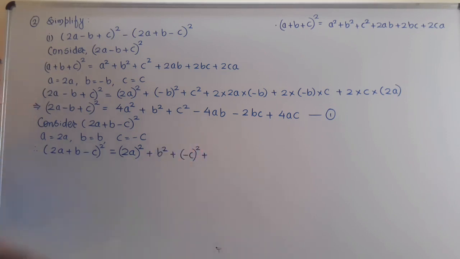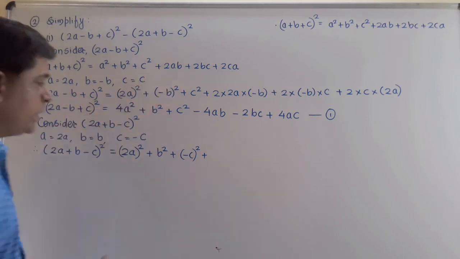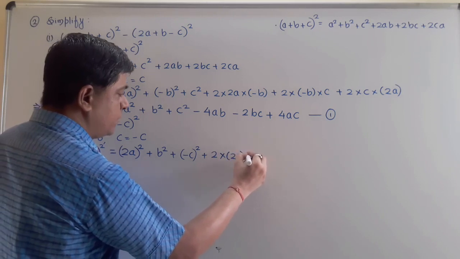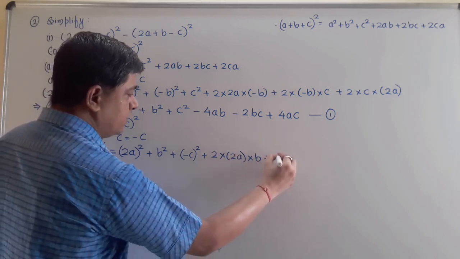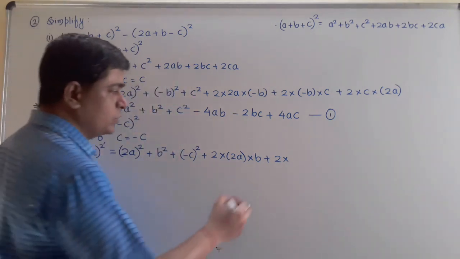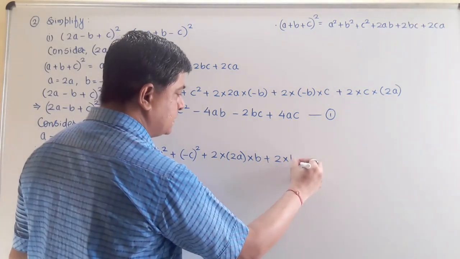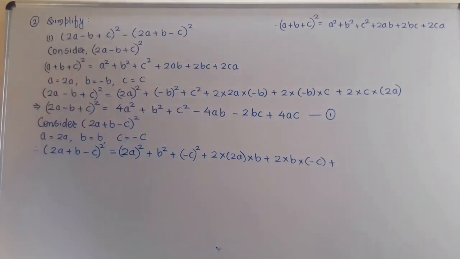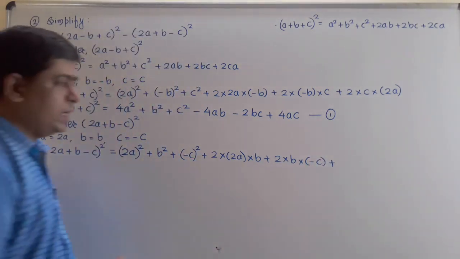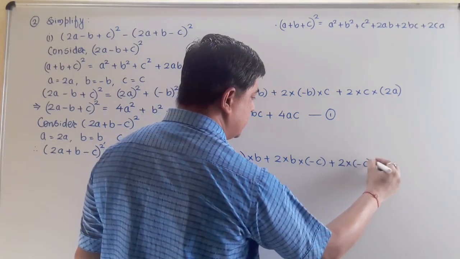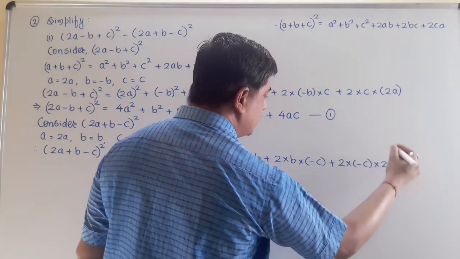Similarly, 2 into a into b, that will be 2 into a, that is 2a, and b as it is. Similarly, 2 into b into c: b will be as it is and the value of c is negative. Plus then 2 into c into a, so 2 into minus c and a will be 2a.